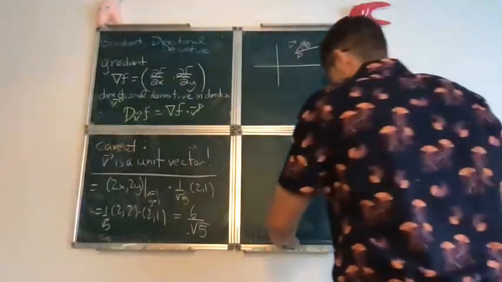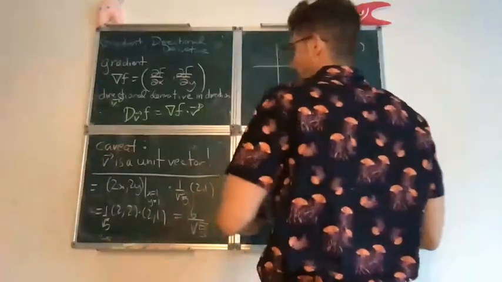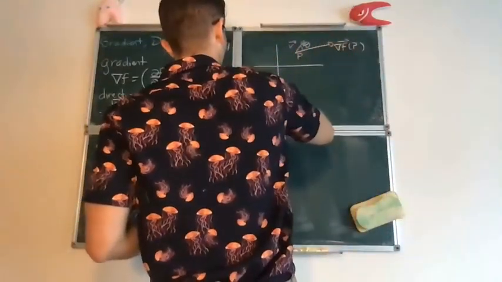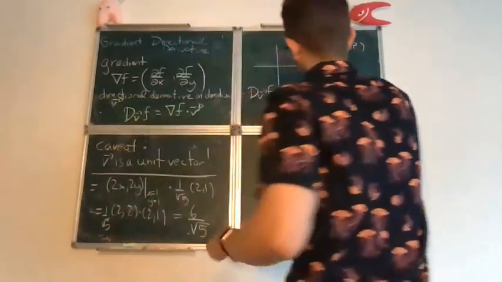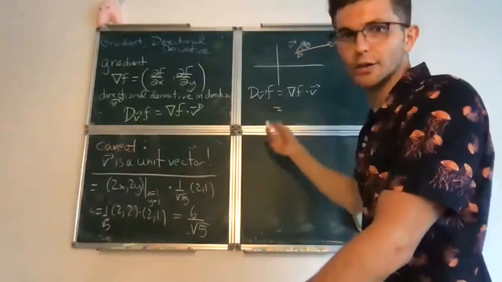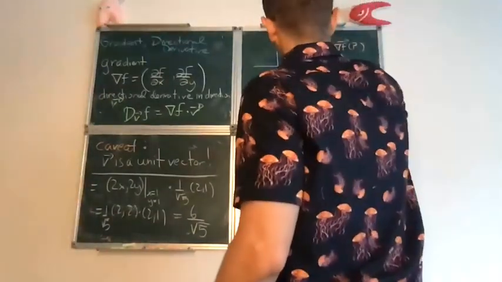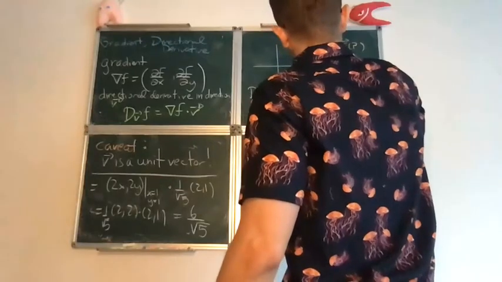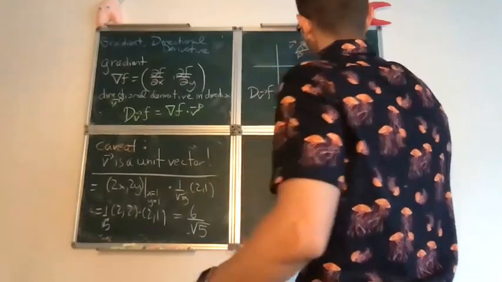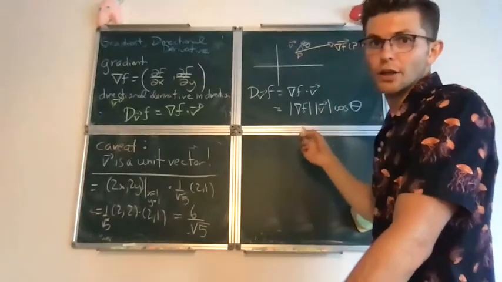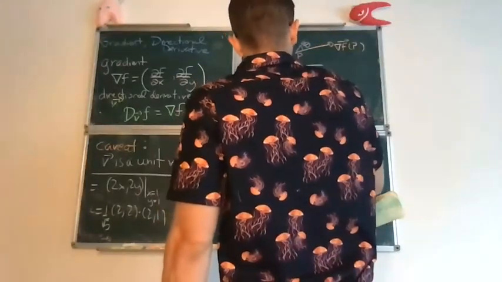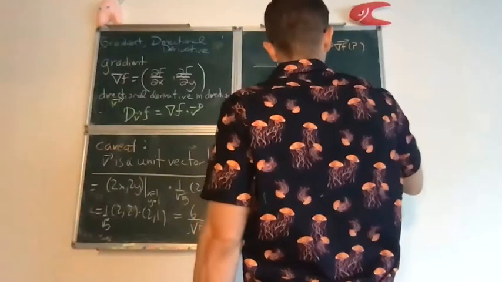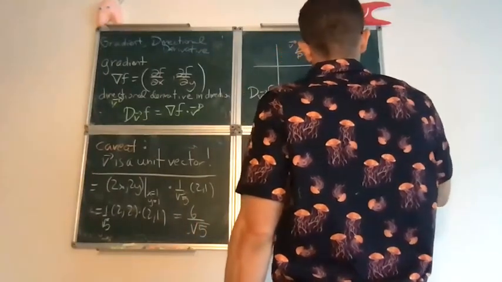By the definition of dot product, remember the formula, it is the product of the magnitudes times cosine of the angle. Now this is where it's useful that we're assuming from the beginning that v has size 1, because that means the directional derivative is just the norm of the gradient times cosine of theta.